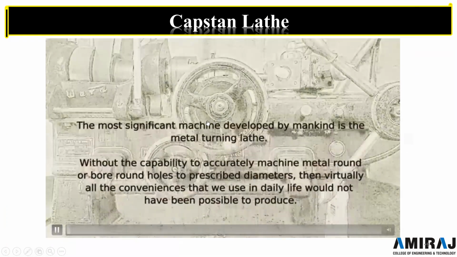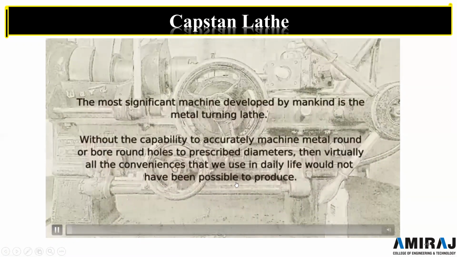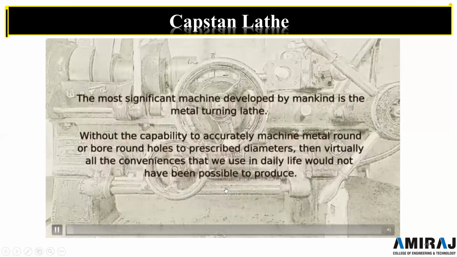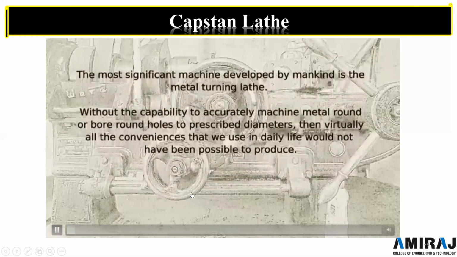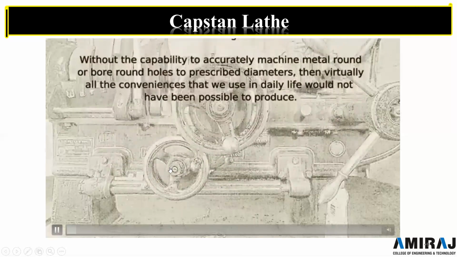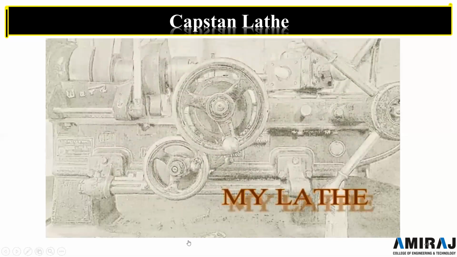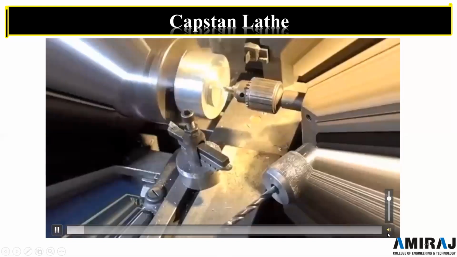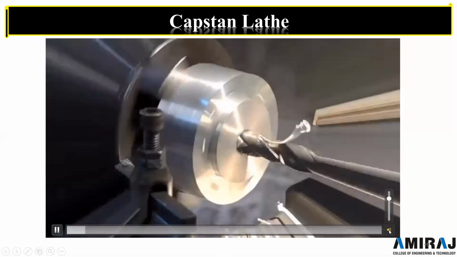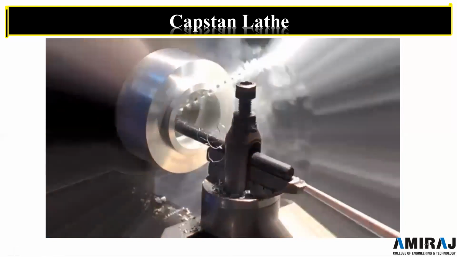The most significant machine developed by mankind is the metal turning lathe with capacity to accurately machine metal. This is a brief introduction to the lathe.